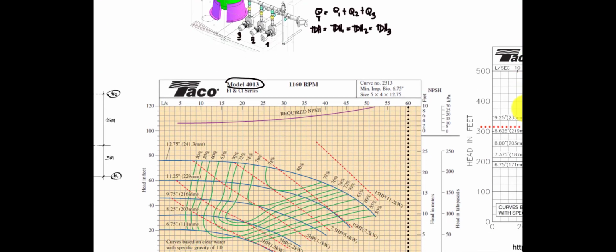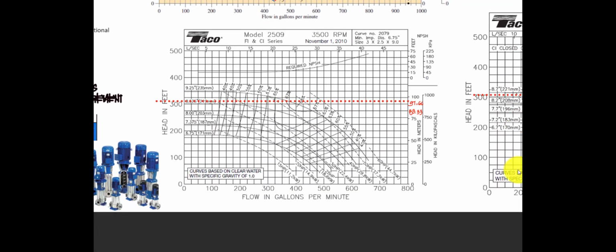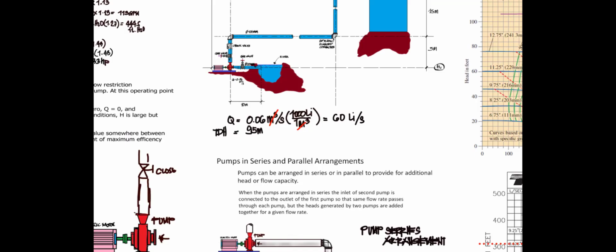Now, balikan natin yung graph na ito, yung pump characteristic curve. So you will notice here, ang kailangan natin is 60, no? So we need 60 liters per second. Yung volume flow rate which is required is 60 liters per second. Now, ang problema is the model 2509 cannot reach 60 liters per second.